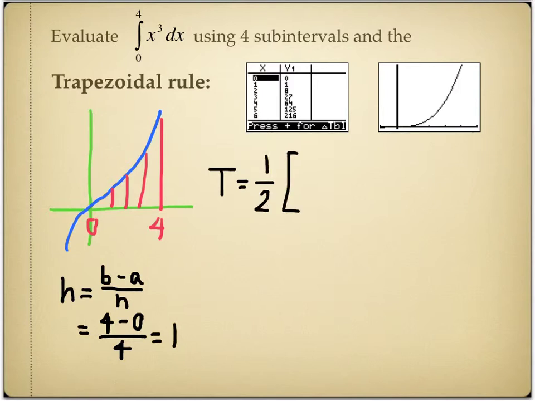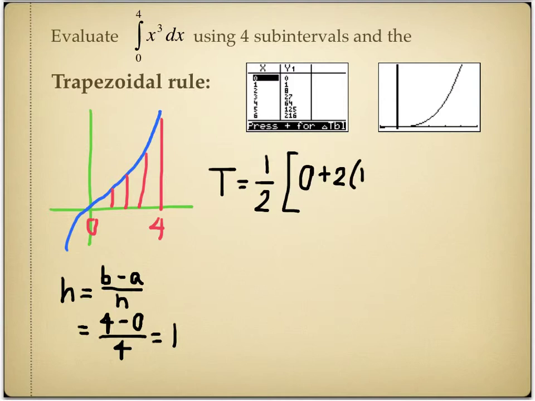And then I just look at the various y values. Remember, it's y0. So my y0 would be right here. This would be y1, 2, 3, and 4. So it will match up with the particular x values here. Alright, so my first y value is 0, and then remember I keep multiplying by 2.